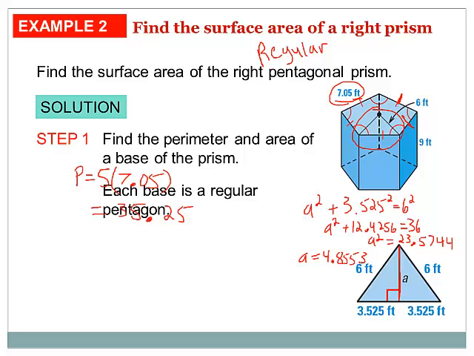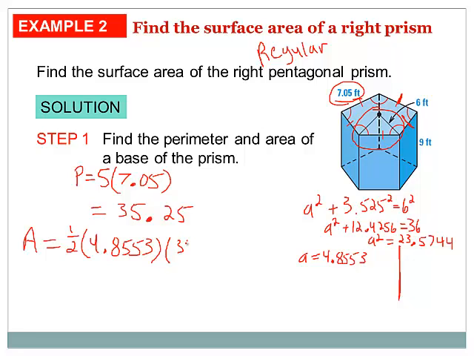And from this point now, since I have found my apothem, I can now find the area of my polygon. So when I find the area of my regular polygon, I have the area is equal to 1/2 the apothem, which is 4.8553, multiplied by the perimeter, which, remember, in the perimeter we found is 35.25.